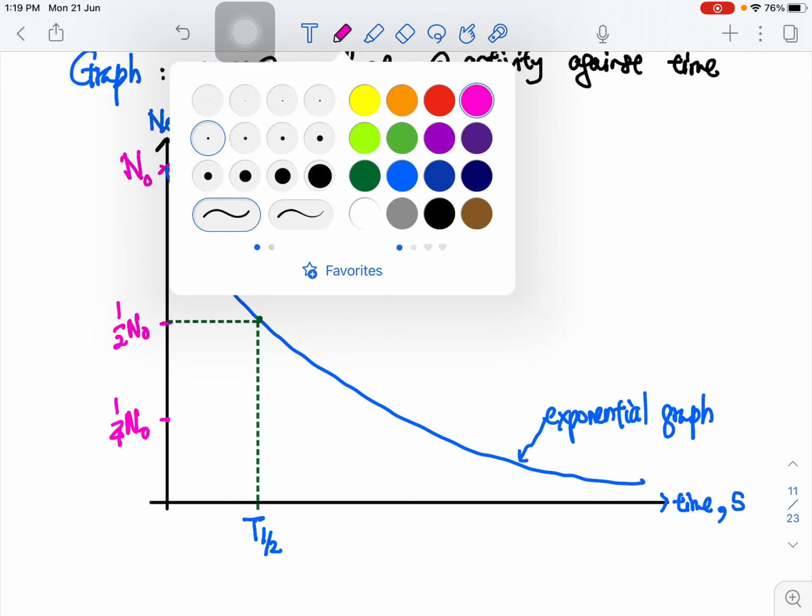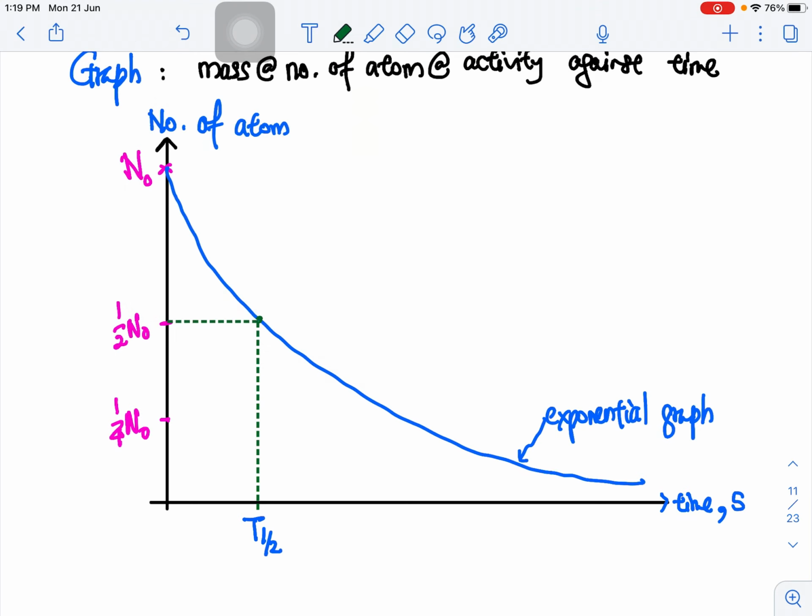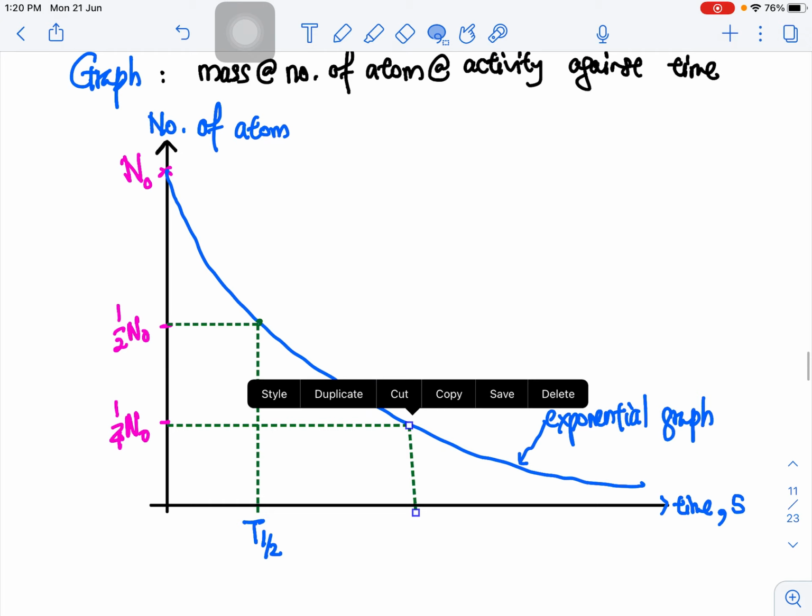Same as what we did for the first half-life, we draw a dotted horizontal line until it touches the radioactive element graph, and then we draw a vertical dotted line until it intersects the time axis.